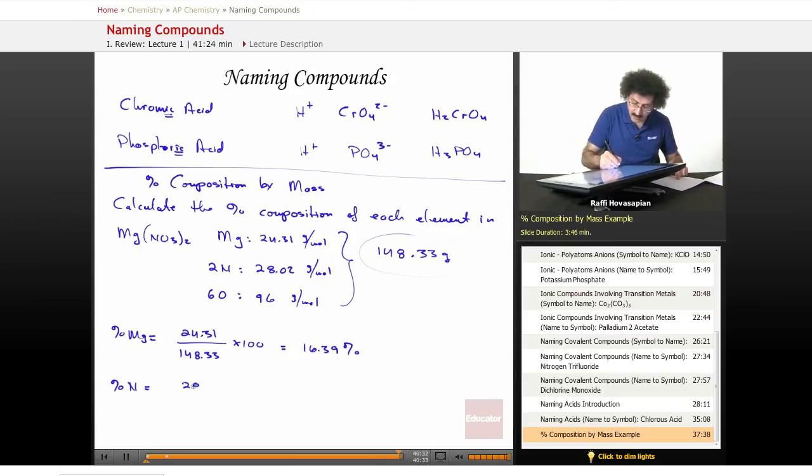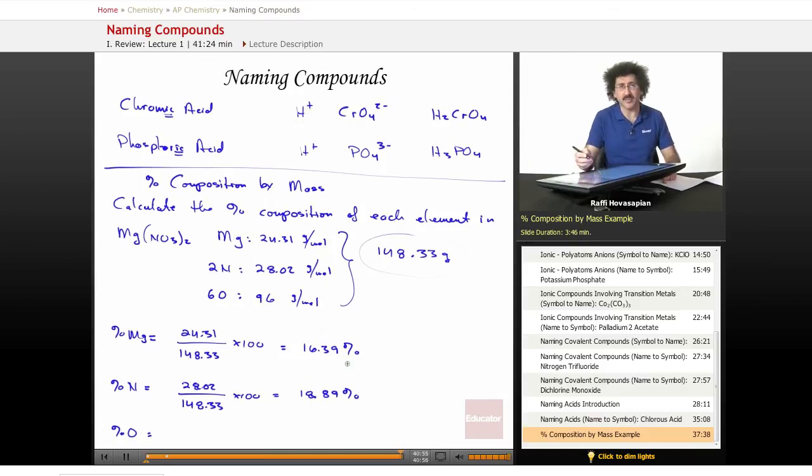It equals 28.02 divided by 148.33 times 100, and you end up with 18.89%. That means of that mass, about 19% of it is nitrogen. And then the percent oxygen, you can either calculate it or you can just add these two and subtract from 100.